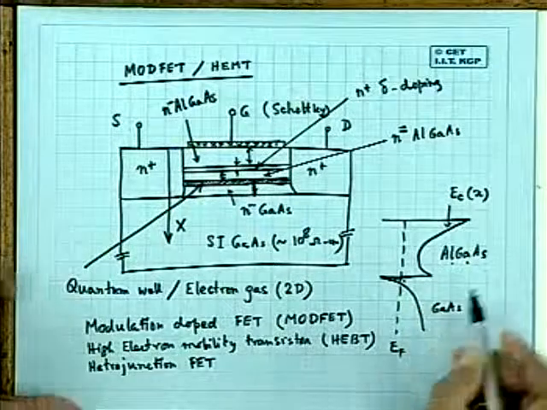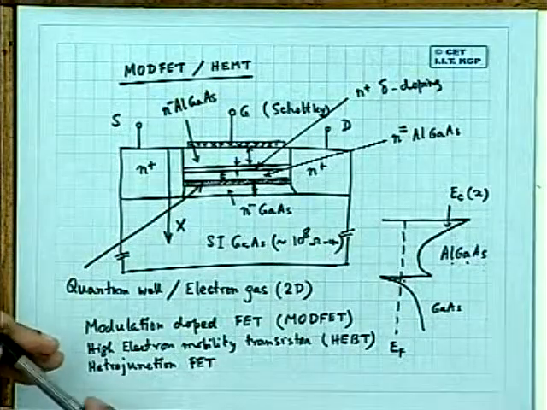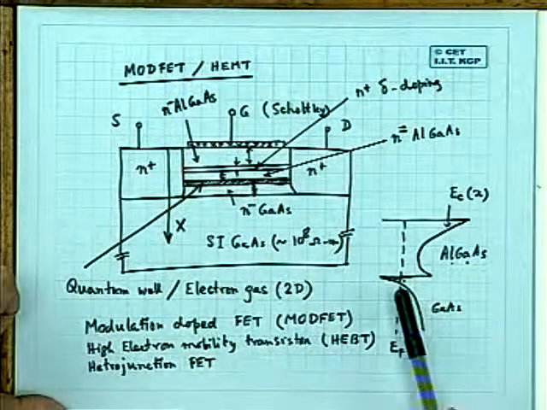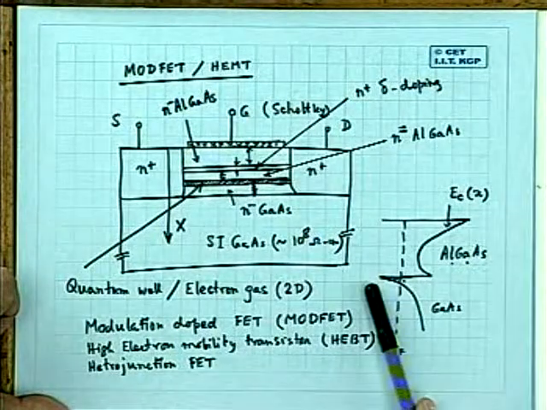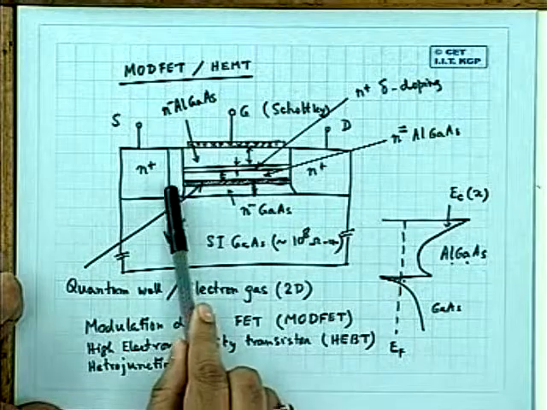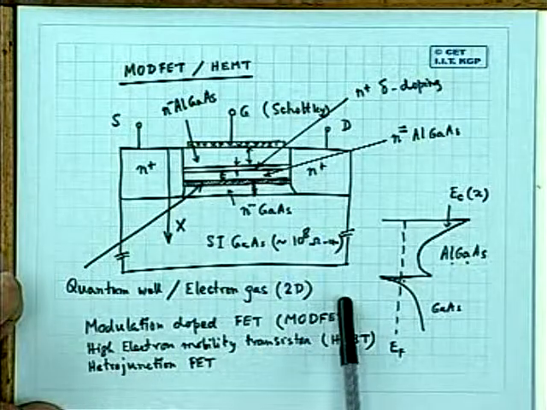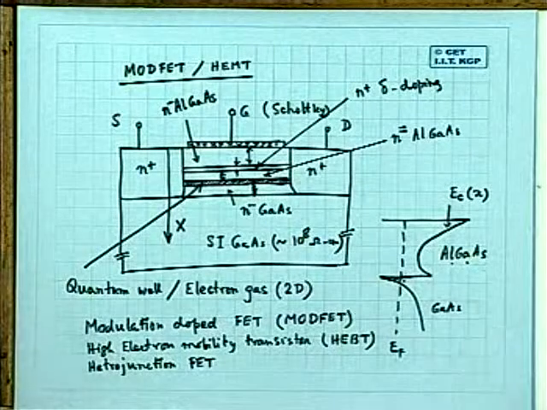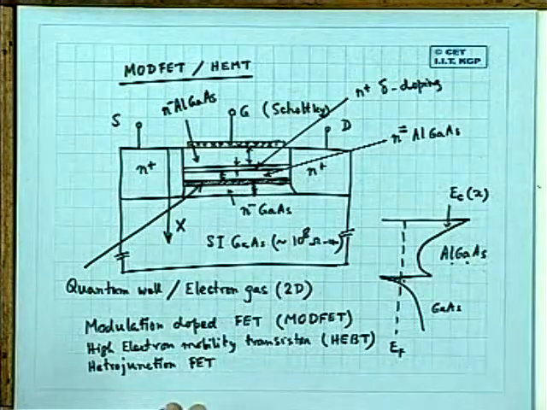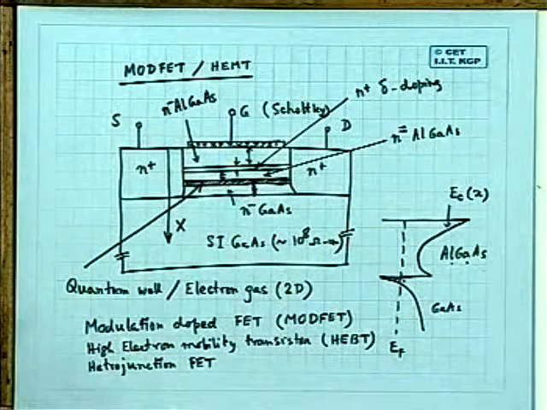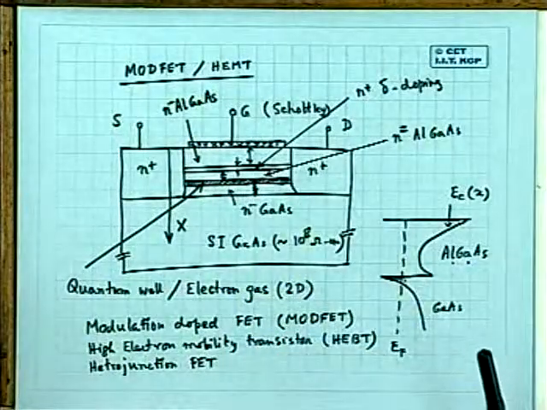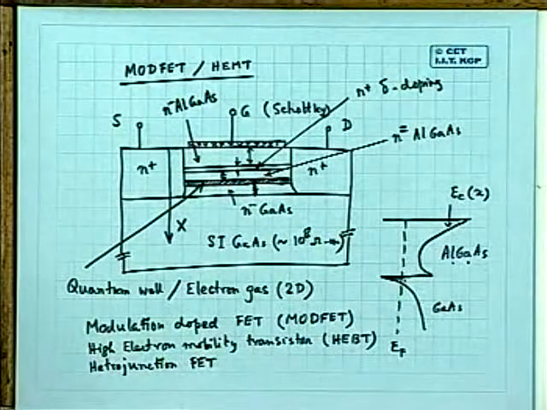The bandgap discontinuity, EC, the conduction band, which is due to nature, and we utilize it for creating the quantum well. And this quantum well, which is flooded with electron gas, a large number of electrons forcefully constrained to remain in two dimensions. Along Y and Z they are free, along X they are not free.